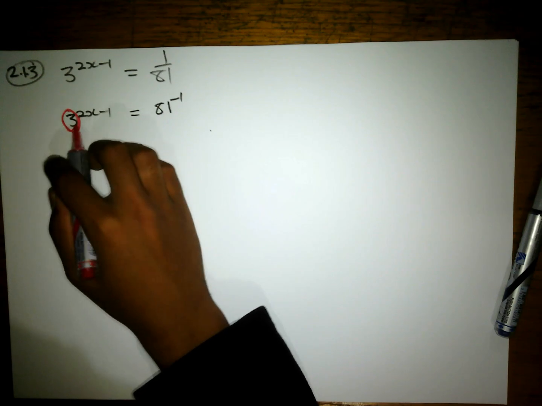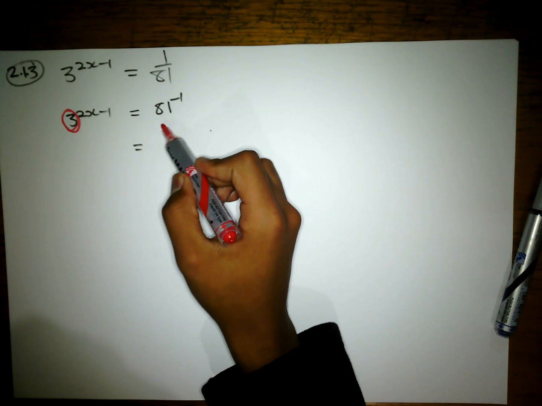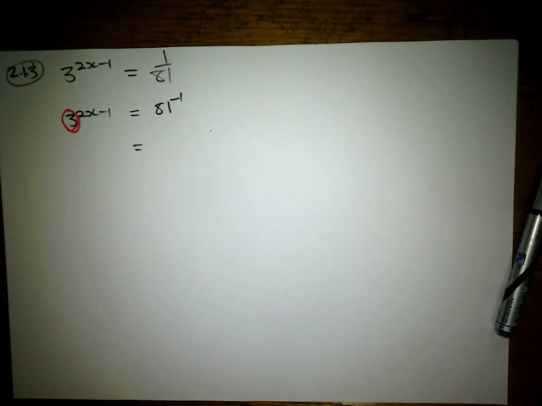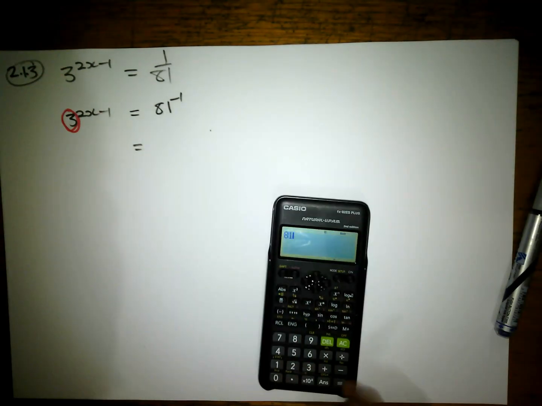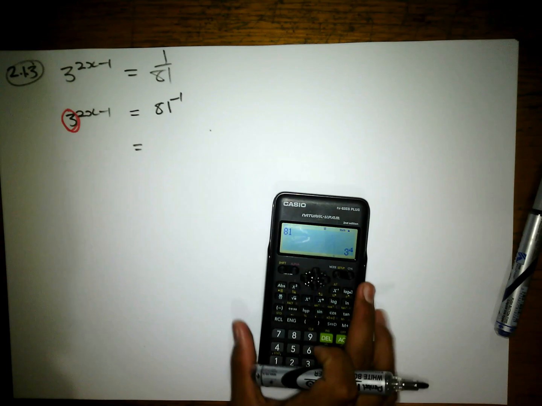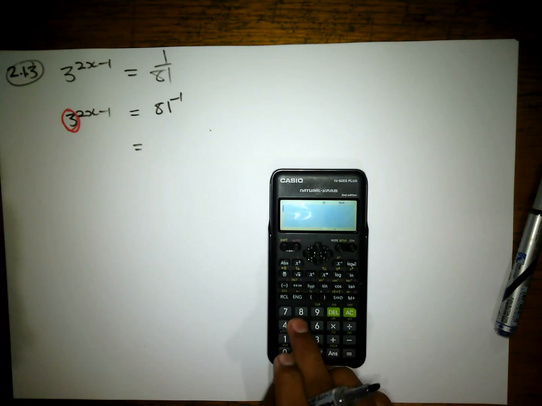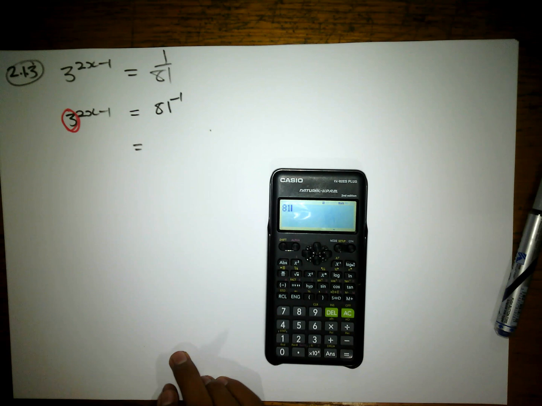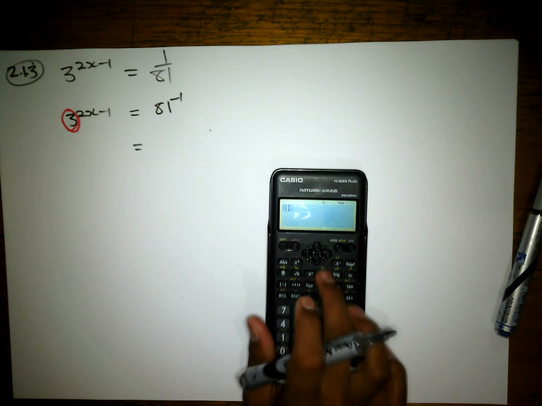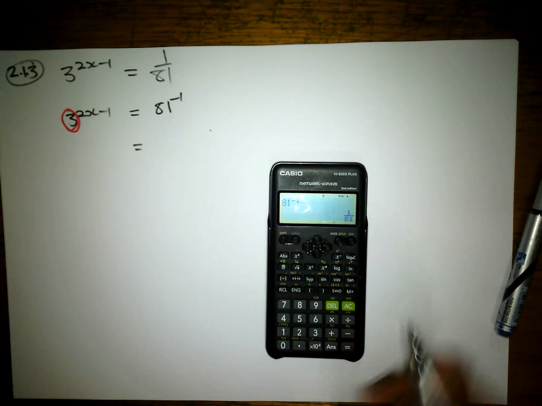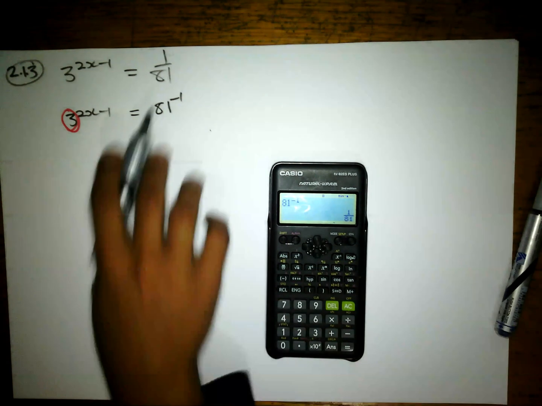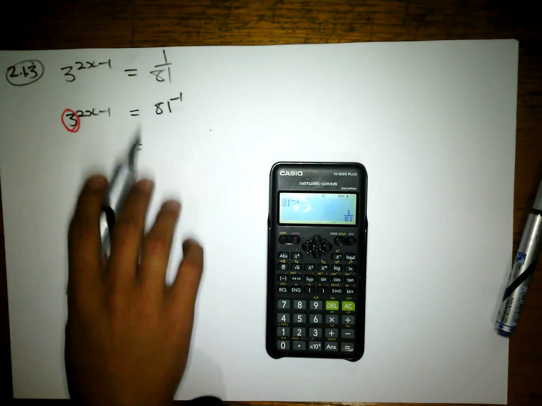That means that on this side, you have to have a base 3 to the power of something. 3 to the power of 4 is 81. If you don't know, you put 81 to the power negative 1 in your calculator, you press equal, you see that's 1 over 81. Exact same thing, that's mathematics. The same number, same value.